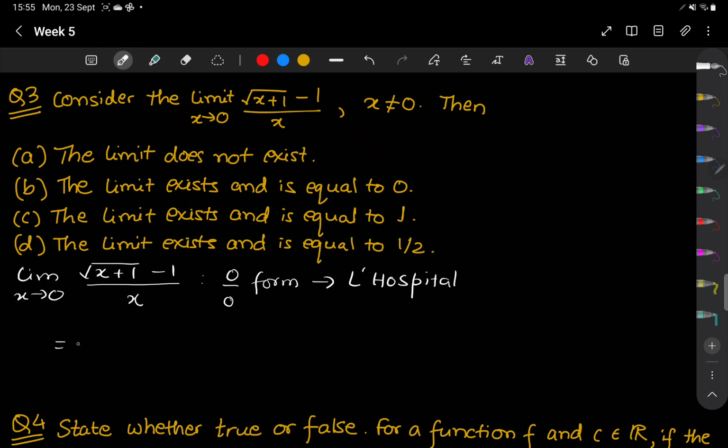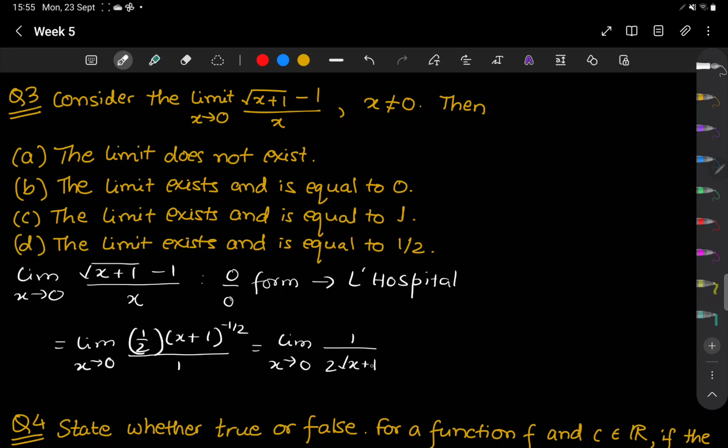And that means we will differentiate the numerator and the denominator with respect to x. Now plugging in x equals to 0, this gives us 1 by 2, option D.